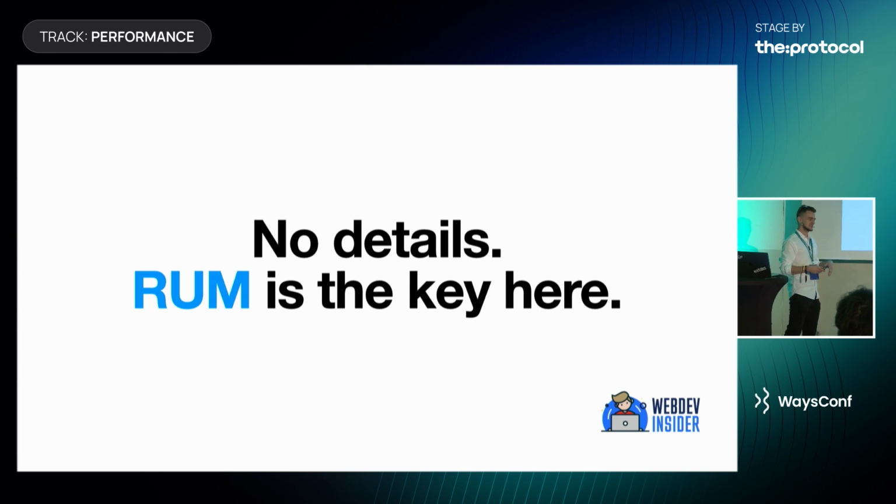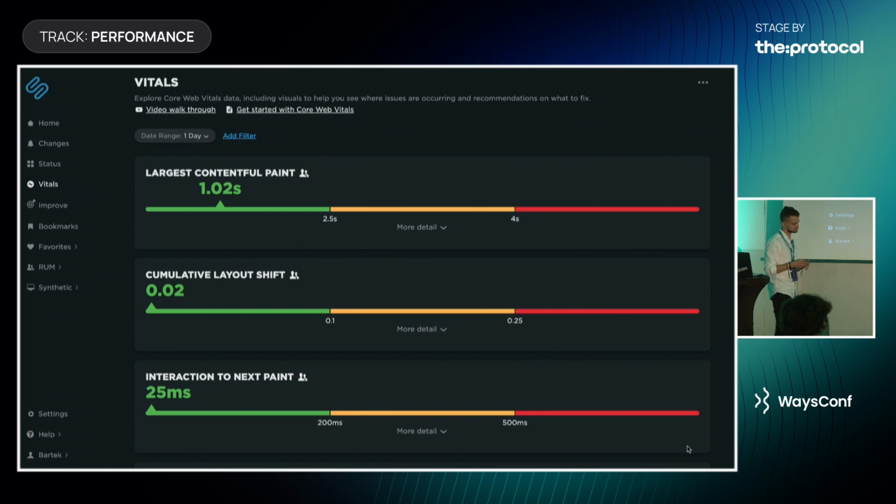But the key point is there's no details. You do not know which particular element, for example selector, was responsible for that interaction that was affected by the poor INP score. So basically, again, real user monitoring is the key point here, because based on real user monitoring, we can gain the details about the interactions and the particular elements that were responsible for that particular interaction.